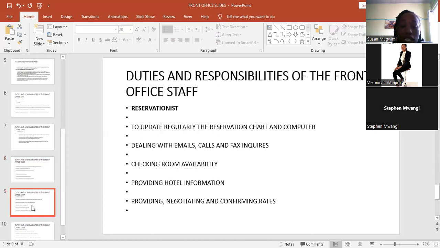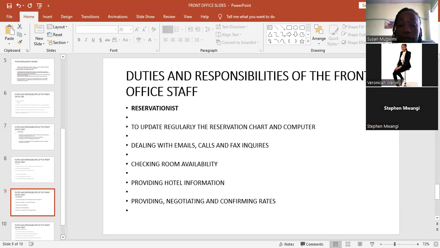Then we have the reservationist. Before the guest comes to the receptionist, he or she must see the reservationist if he had not done any booking before. But if he had done the booking before, of course, he'll go directly to the receptionist.